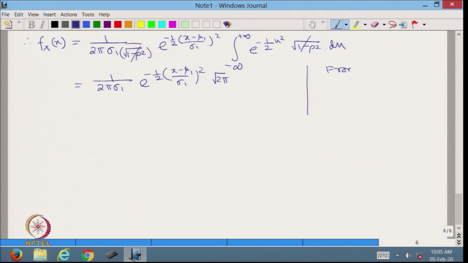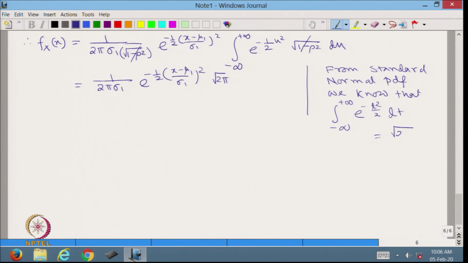From the standard normal PDF, we know that integration minus infinity to plus infinity e to the power minus t square by 2 dt is equal to root over 2 pi.